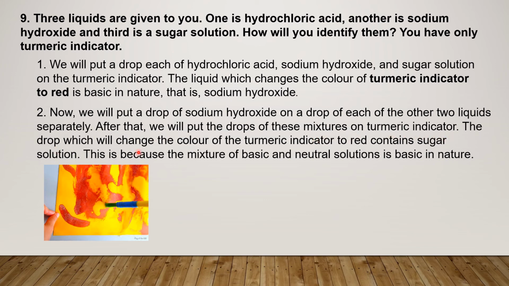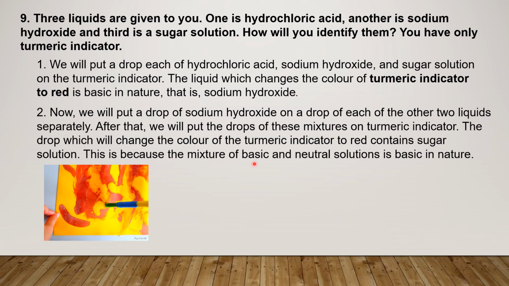The drop which will change the color of the turmeric indicator to red contains sugar solution. Okay, because sugar solution is actually neutral, and when we pour the sodium hydroxide, it shows sodium hydroxide's color on this turmeric. So that is red color. So we can assume that the red color is because it contains sugar.